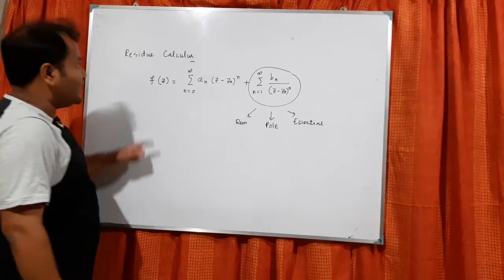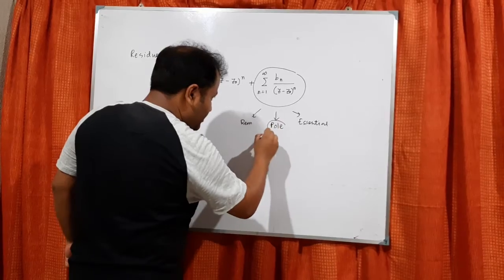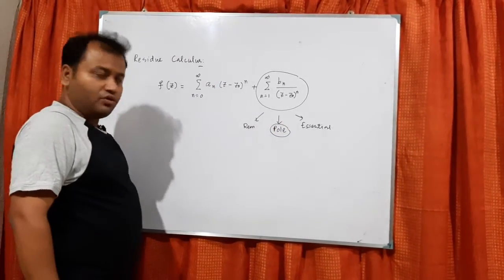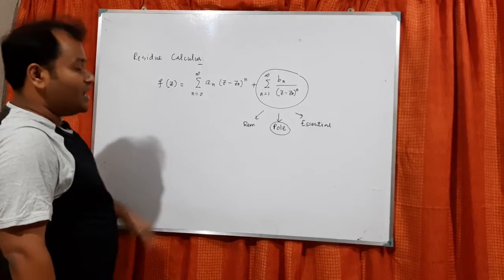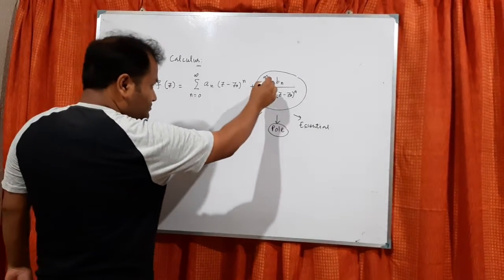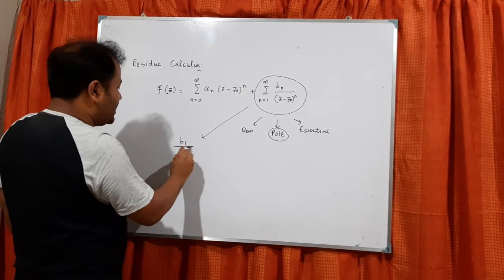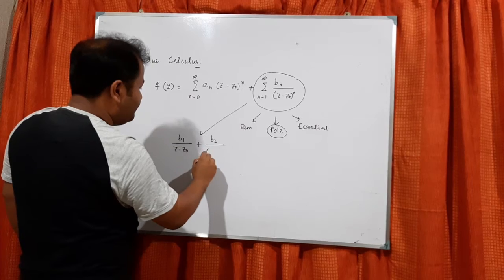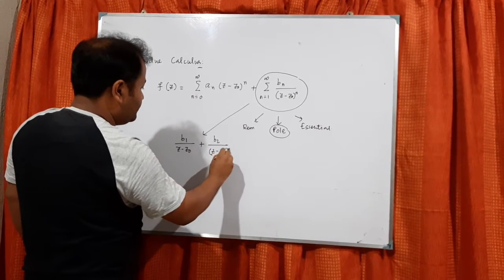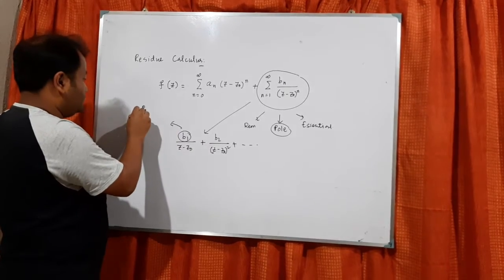When we try to calculate this residue, we calculate it basically on the pole. If you remember, we said that if you expand this principal part, we get b1 by z minus z naught plus b2 by (z minus z naught) squared and so on.